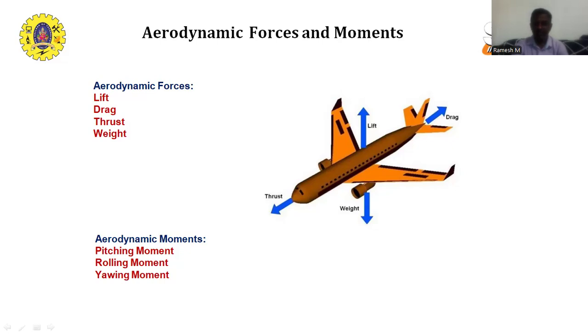Let's come to the point for weight. Weight is a force that is always directed toward the center of the earth. The magnitude of the weight depends on the mass of all the airplane parts plus the amount of fuel plus any payload on board.